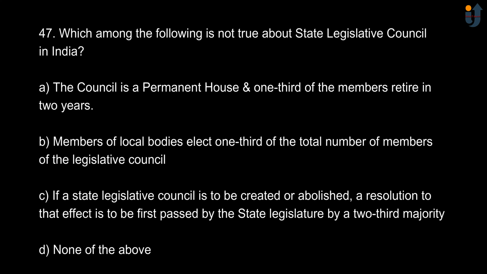Option C, if a state legislative council is to be created or abolished, a resolution to that effect is to be first passed by the state legislature by a two-third majority. And option D, none of the above. The correct option is option A.